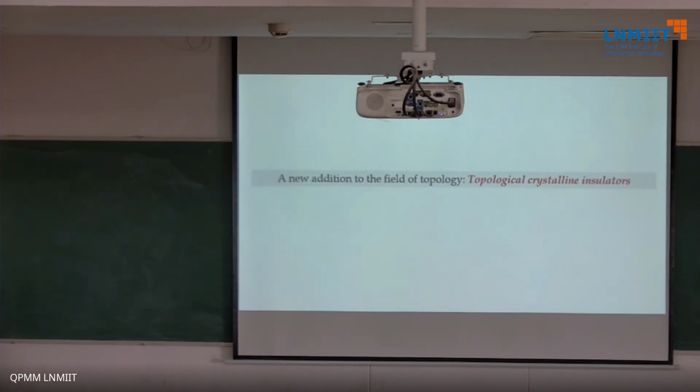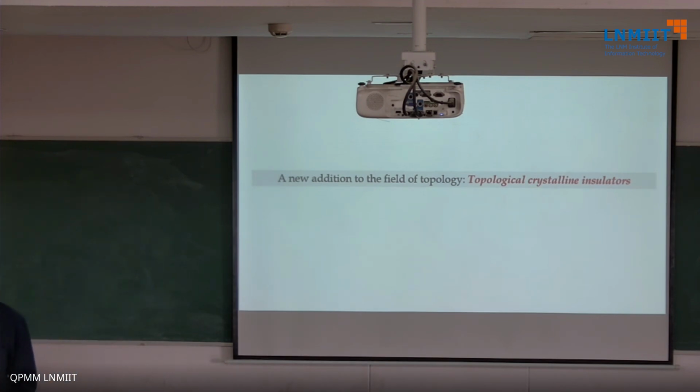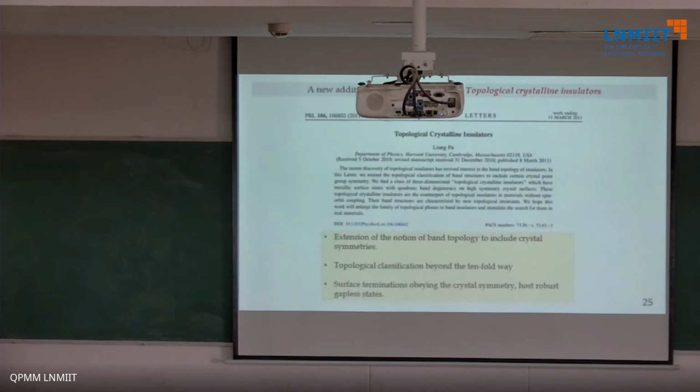So this new addition to the field of topology came in the form of topological crystalline insulators. This was again a paper in 2011 by Liang Fu, who said that you need to include crystal symmetries.